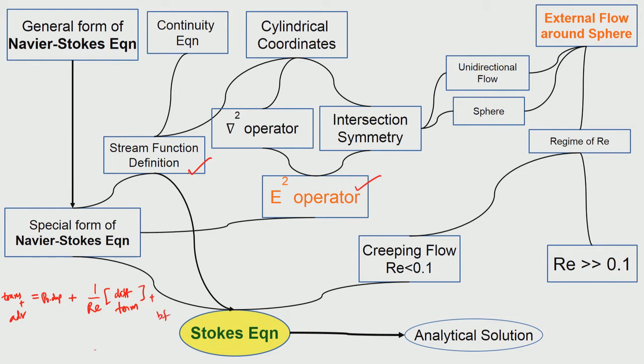Which means that in the limit Re tends to 0, when Re is taken to the left hand side and right hand side on the numerator, you would see that only the diffusion term will survive. So, we can take a special form of the Navier-Stokes equation, which is also called the Stokes equation, and use that as a governing equation for us.